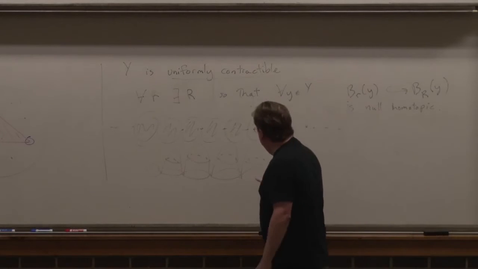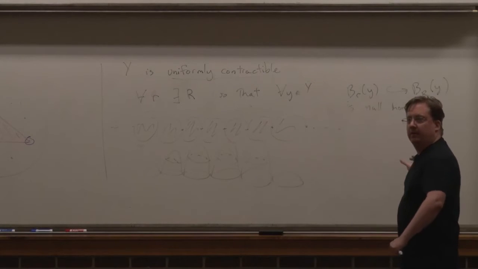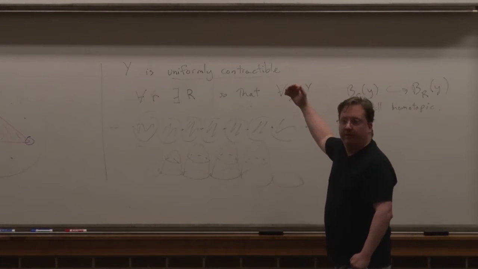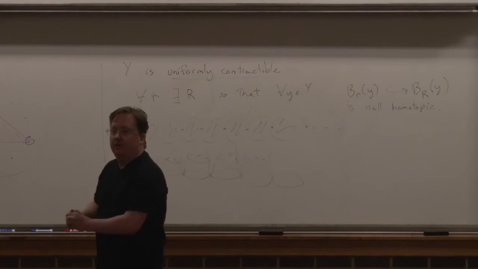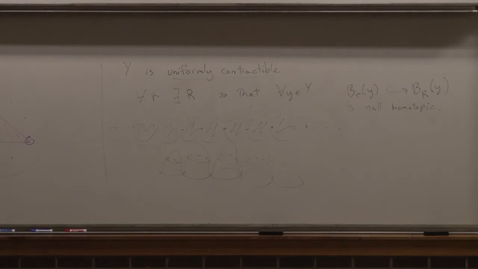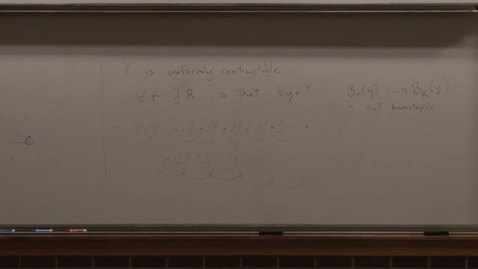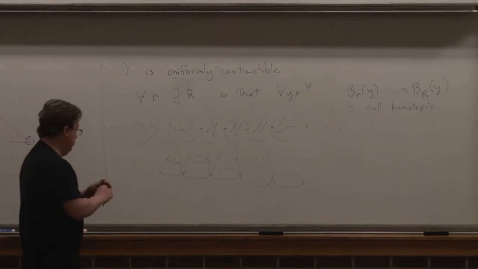And then as you look in this space, you see these circles of fixed radius that are the base of these circles, where you have to go farther and farther away from those circles to actually see that they're trivial in pi 1. And if you have a space like that, you can run into trouble trying to fill in these cells.